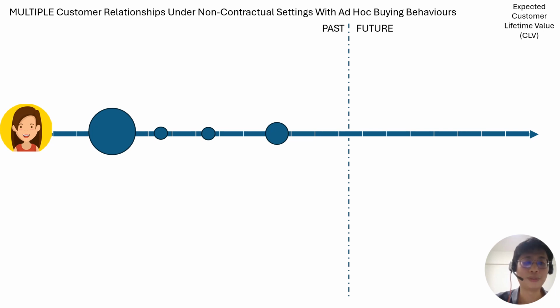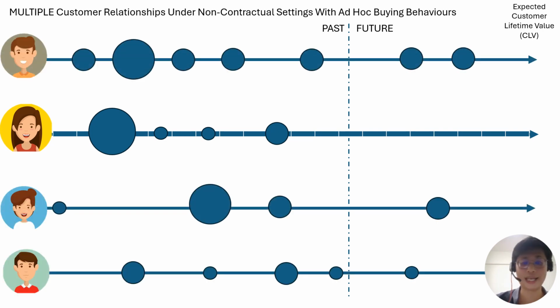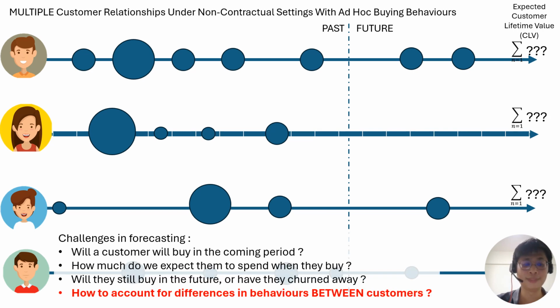And you normally don't just have a single customer, you have multiple customers, and you get into this additional problem where you might say, well, I've got a lot of data, I will just find some way to generalize that data across all the customers. But then you run into an additional problem: can you account for differences between the customers? Because clearly the first customer is a bit different from the second customer. So how do you do that?